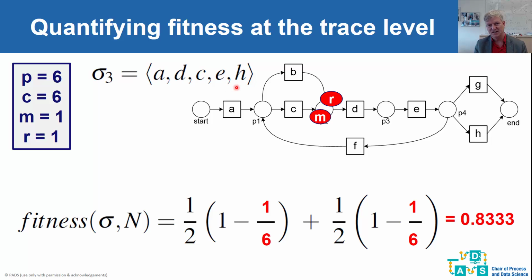But the same case can appear multiple times. The same trace can appear multiple times if there are multiple cases having exactly the same trace. And of course there can be cases that have different traces. So we have a multi-set of traces, and over this multi-set of traces we need to compute fitness.